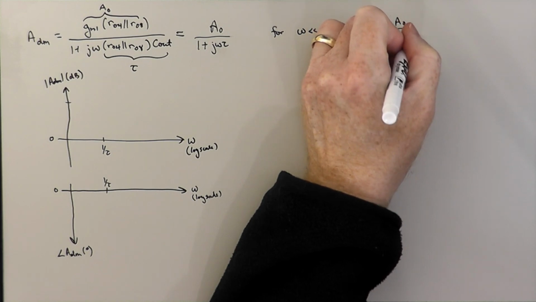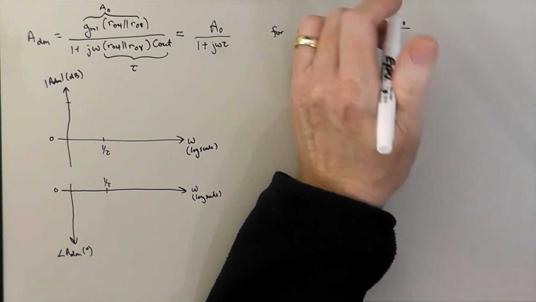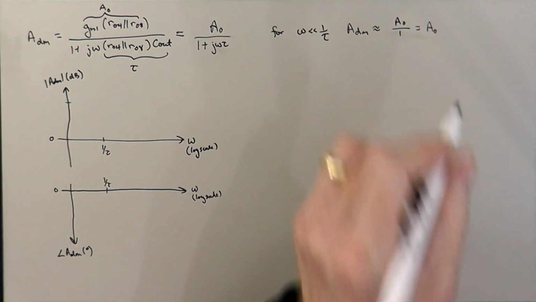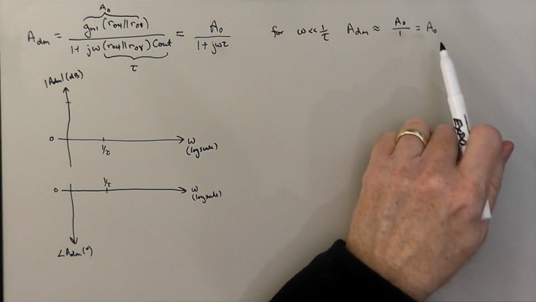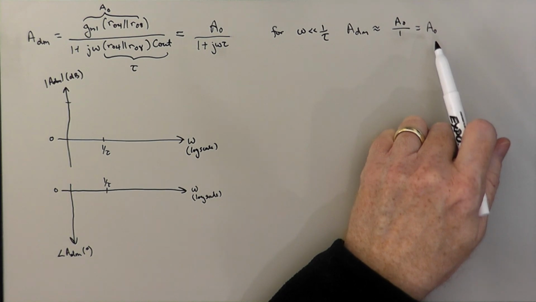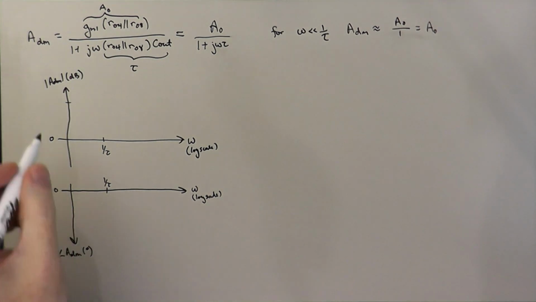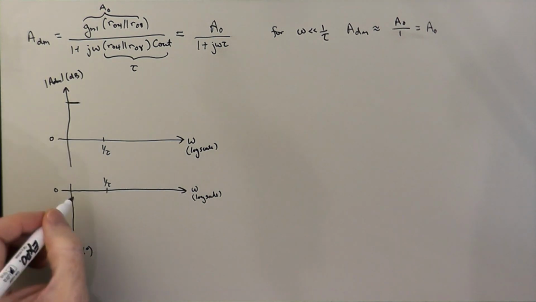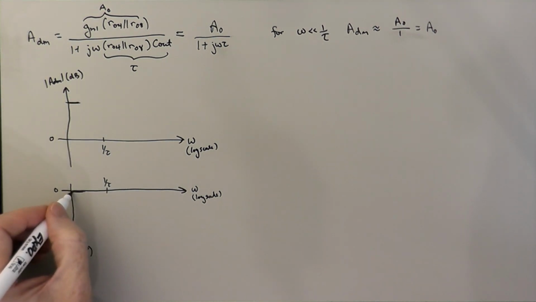And so this is just A0. So the magnitude is A0, and the phase angle is going to be 0.